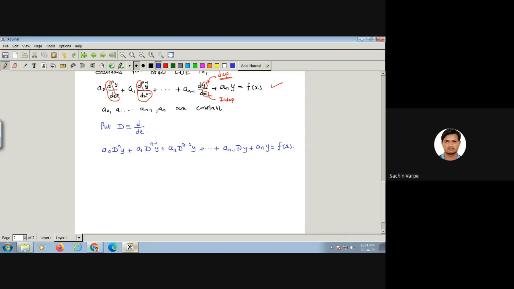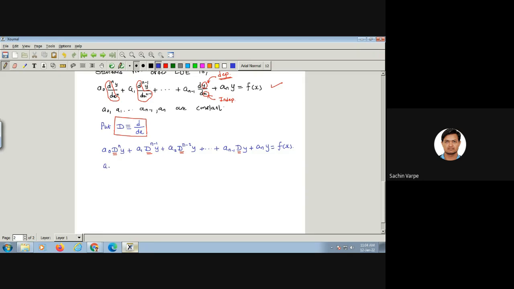So what we do, as we know, this capital D is the derivative operator. These are all operators: nth order operator, n minus one order operator, n minus two order operator. This is the first order operator. So what we do is take this y outside from these operators.